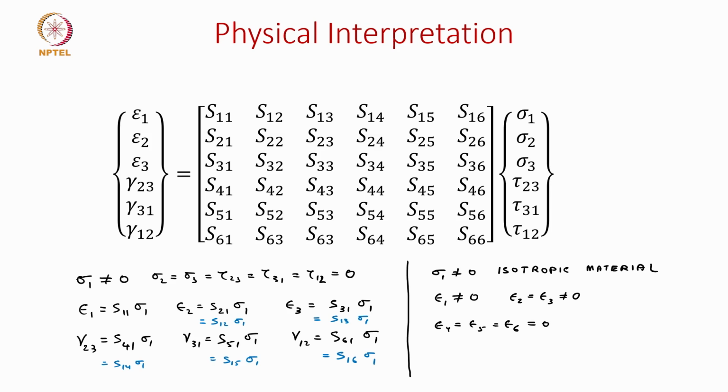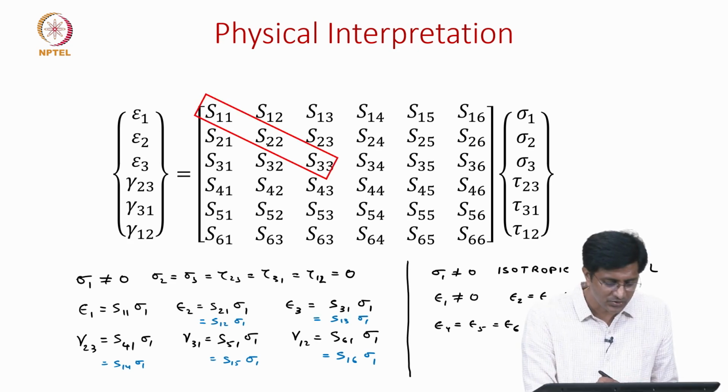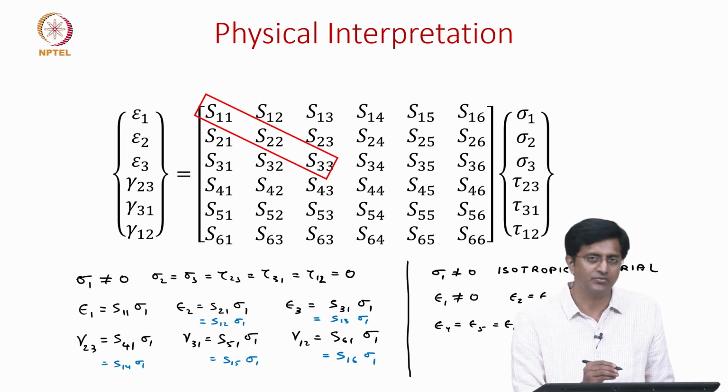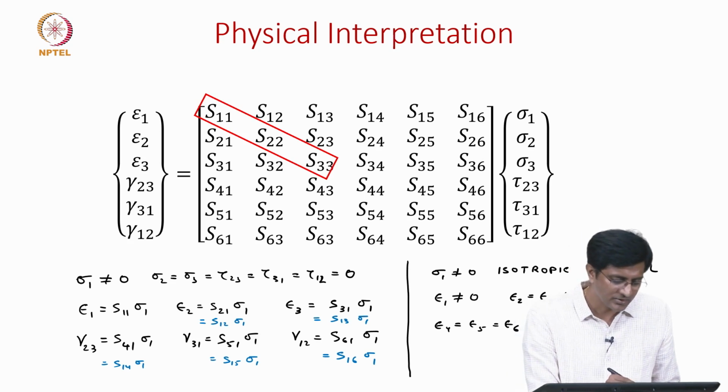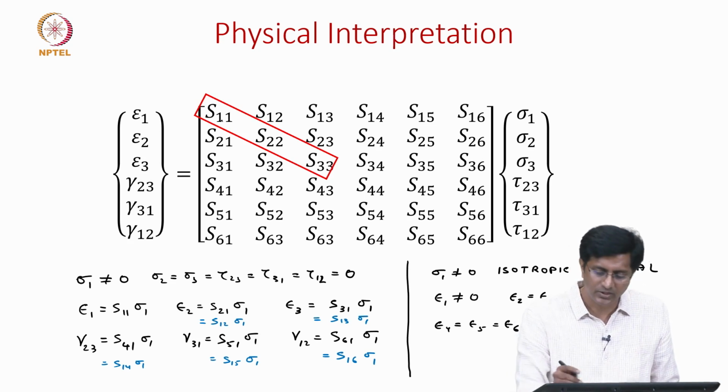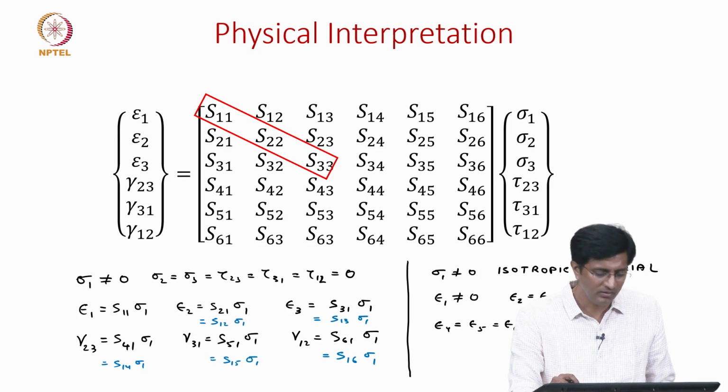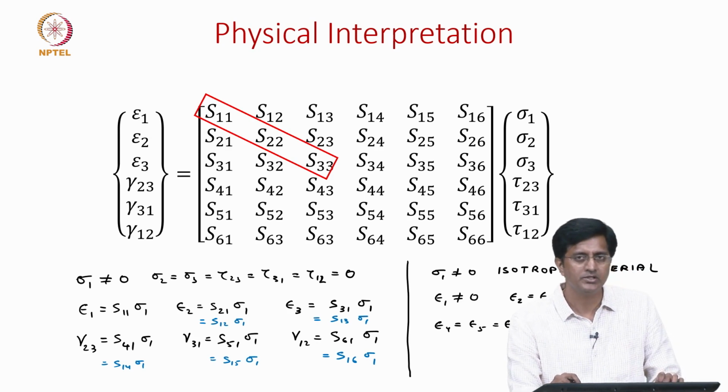But now let us try to get a sense of these from this figure. What do the terms S11, S22 and S33 signify? For example, S11 signifies that if you are applying a load in direction 1, what is the contribution to the corresponding strain in the same direction. If your loading is in the second direction, S22 gives you the strain in the second direction.